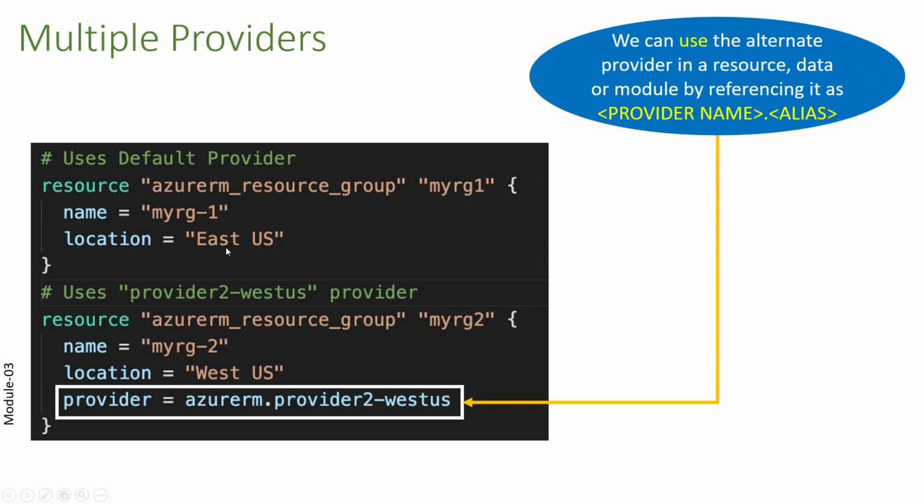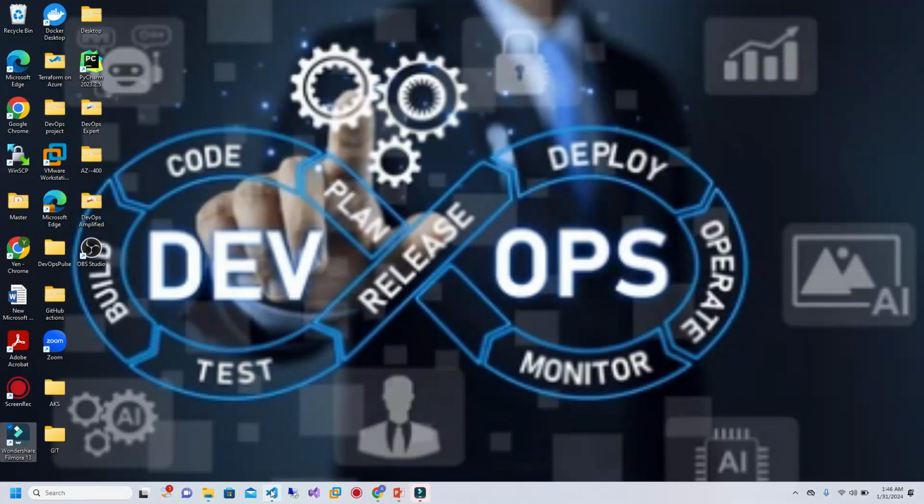In our case, what we discussed was multiple providers. Let's say I have two different resource groups, where I want one resource group to be created in East US and another resource group in West US. How can I leverage multiple providers for that? That is your meta argument in Terraform. Let's see how we can use it in Terraform.